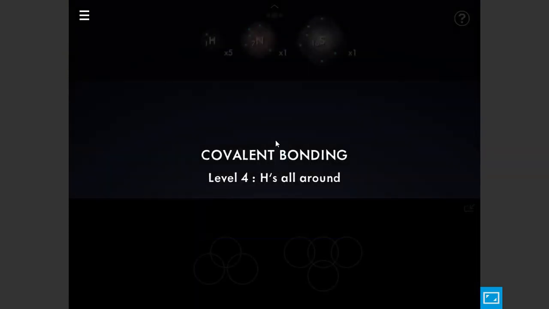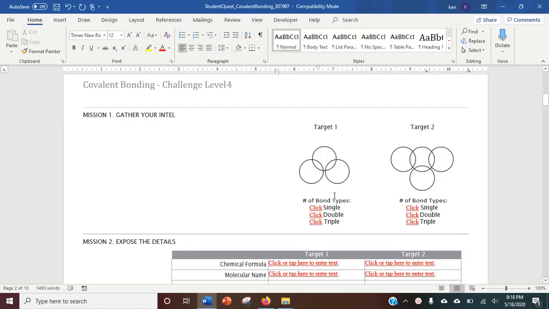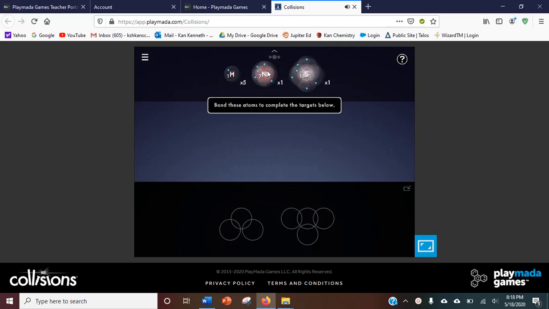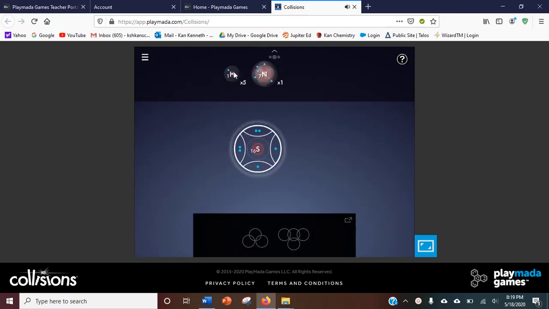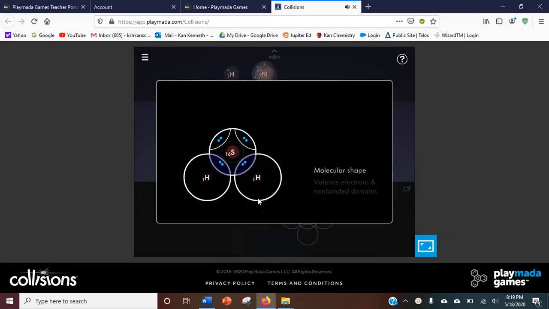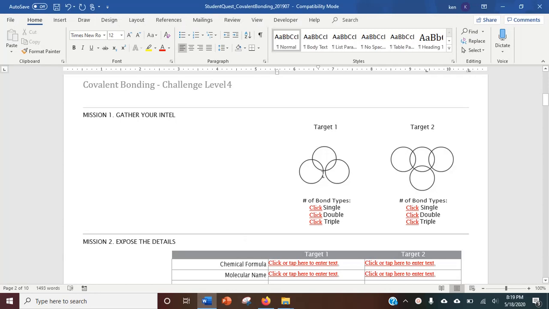Okay, so for level 4, now we can start filling in the worksheet. Let's fill one of them in. Let's start with sulfur, hydrogen, hydrogen, and that's the first one. We have basically a bent shape.